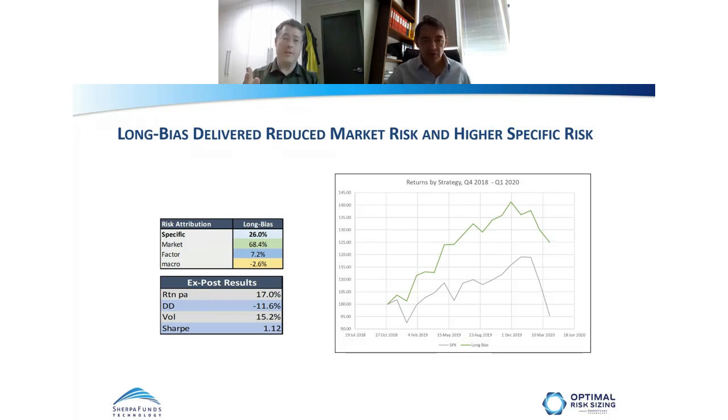And one thing to notice here, though, even though we're only 50% net exposure, our specific risk is still only 26%. Almost 70% of the risk attribution is coming from that market risk. So when we think about that long bias product, yes, we're delivering much lower drawdown than the S&P, but we still retain that big slug of market risk.